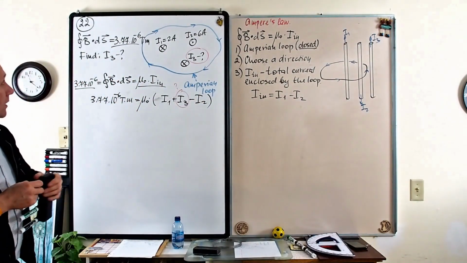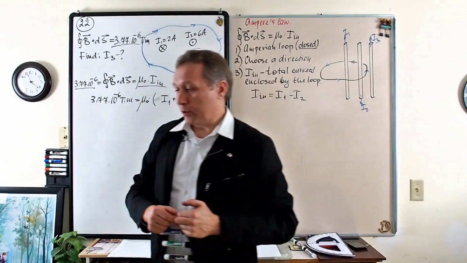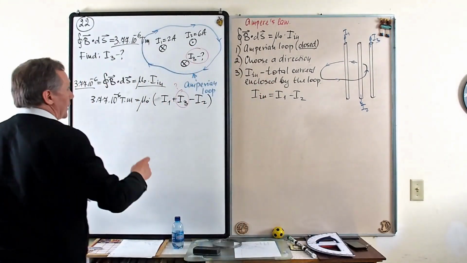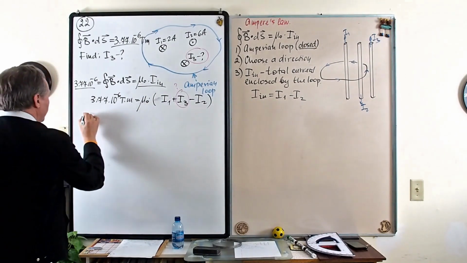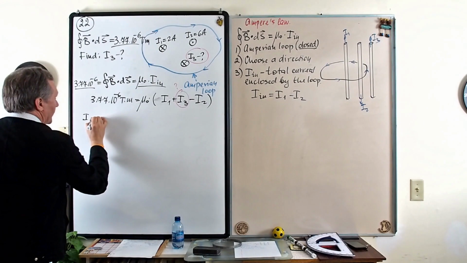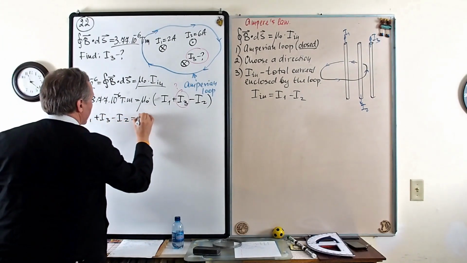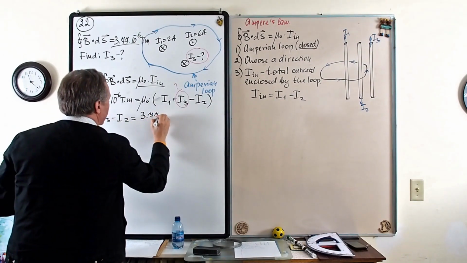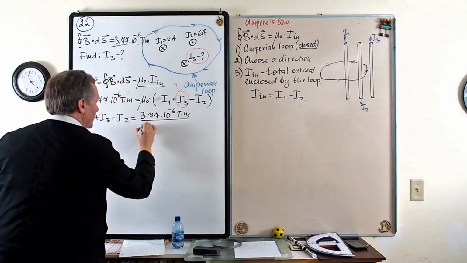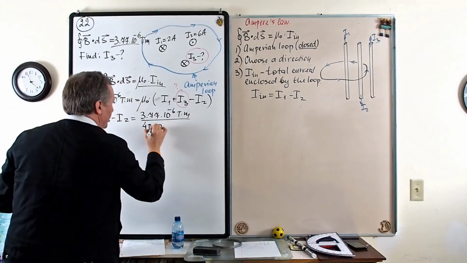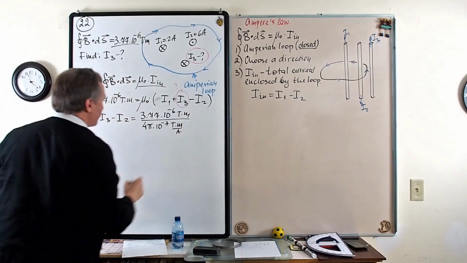That's why I told you problems like this quite often I give among multiple choice questions on the exam. So let me take mu naught to this side. It will be I1 plus I3 minus I2 equals the value of this integral divided by mu naught, which is 4 pi times 10 to the power of minus 7 Tesla times meters over amps.